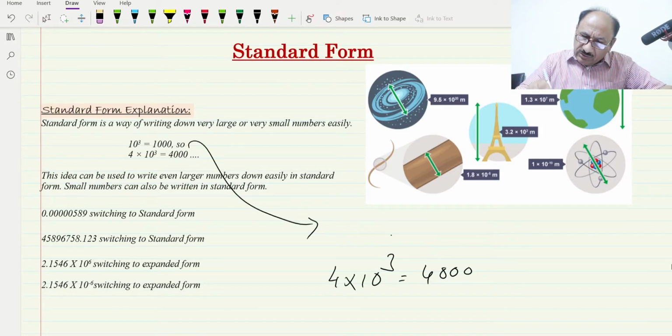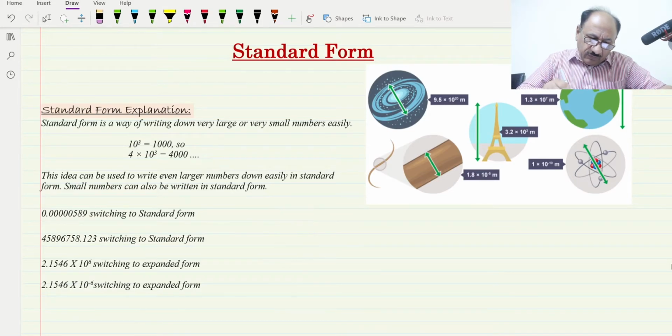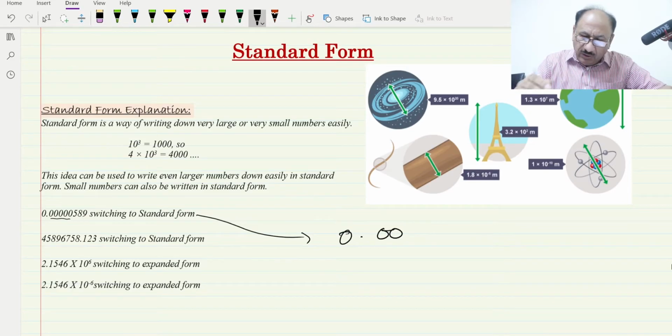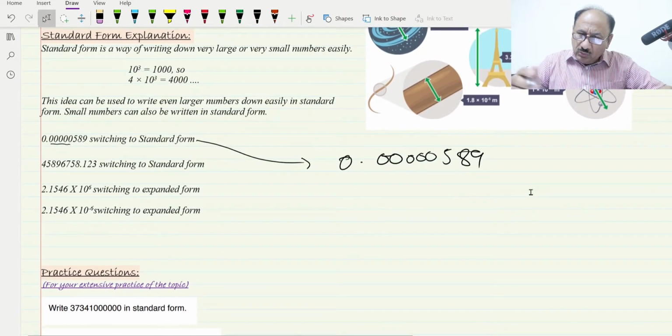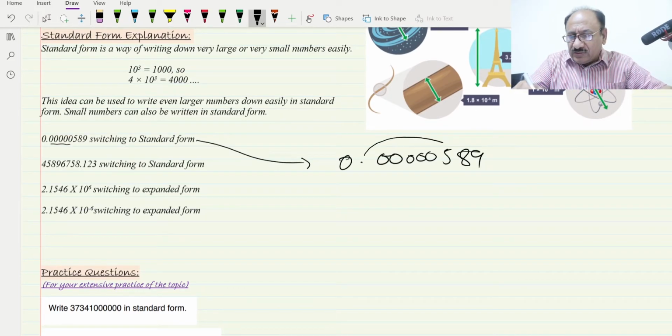Now there are some situations, like for example over here we have written 0.00, how many zeros, 3, 4 and 5 zeros, and then 5, 8, 9, and we have to switch this into standard form. In standard form we move the decimal to after the first non-zero digit, which will be in between 5 and 8.